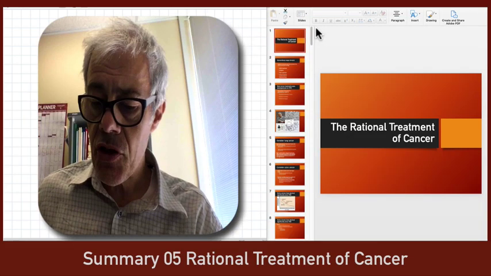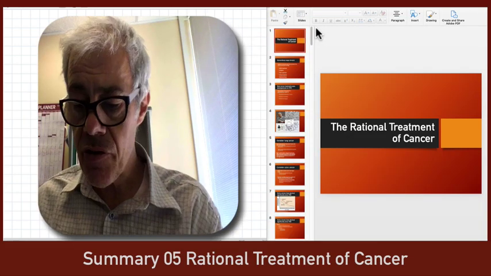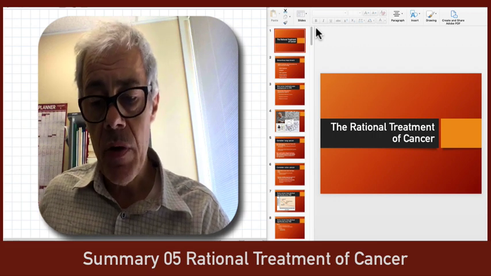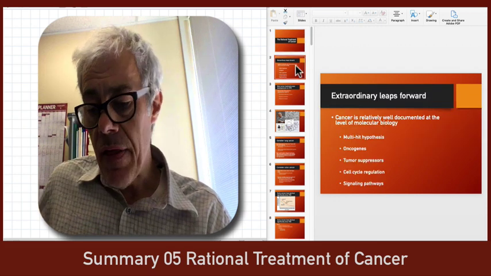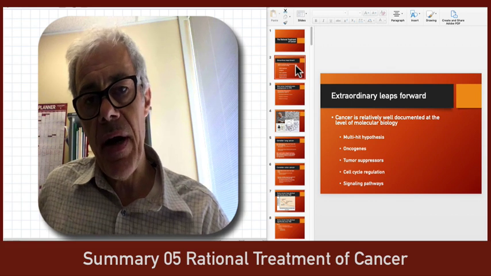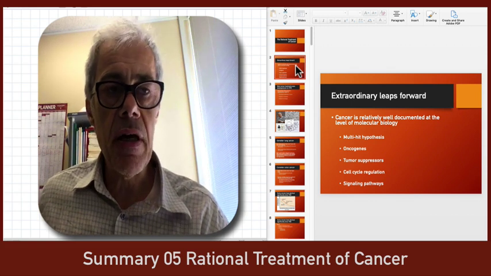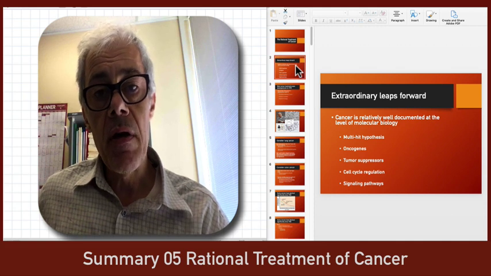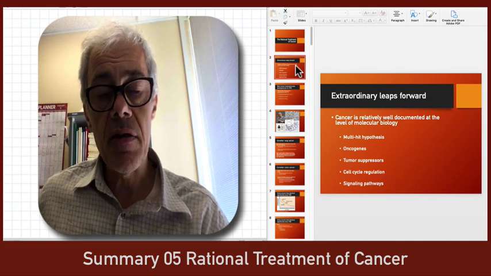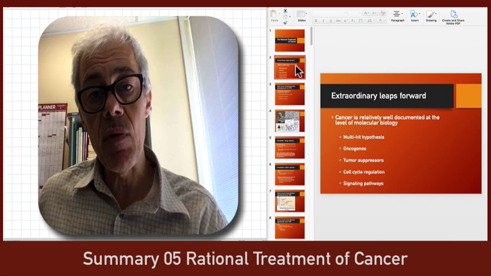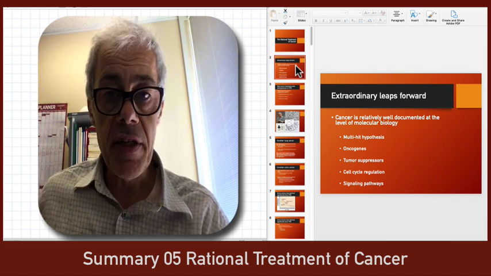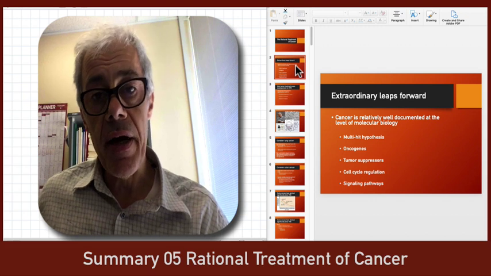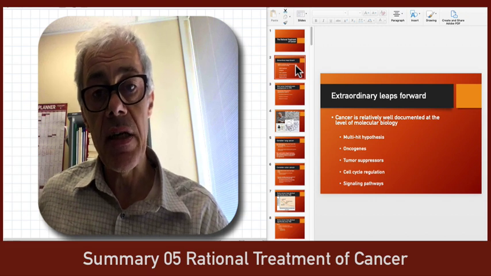Okay, so this brings us to the last lecture of this series, which is the rational treatment of cancer. So the idea here is that we've discussed aspects of cell biology that give us a better understanding of some of the pathways and some of the key proteins that are involved in controlling cell growth, and also some of the key players that get mutated in cancers.